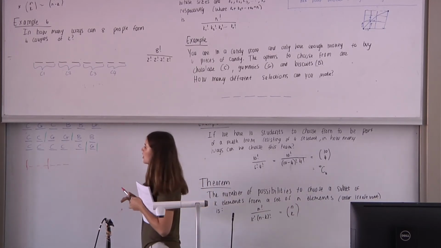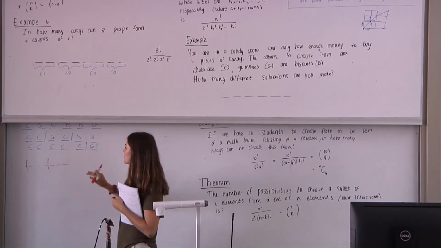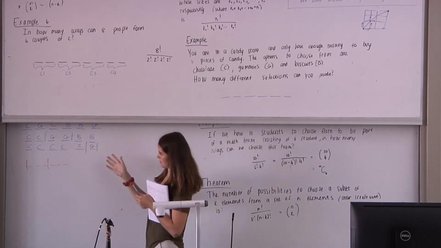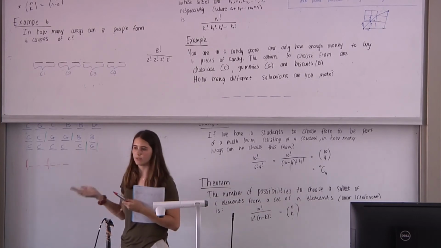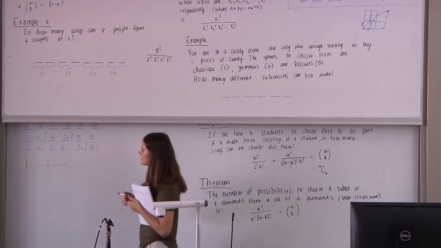So this problem basically reduces to how many different positions there are to put these 2 bars. Because these chocolates are all identical, we don't care whether we arranged the chocolates in different ways.